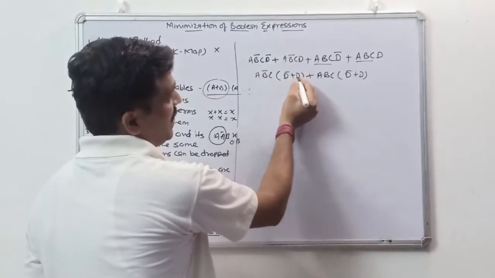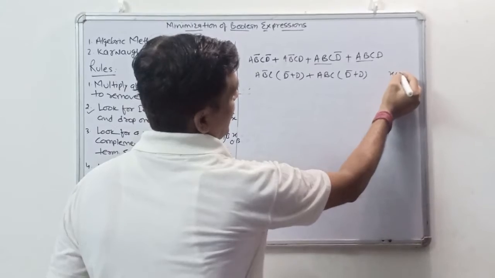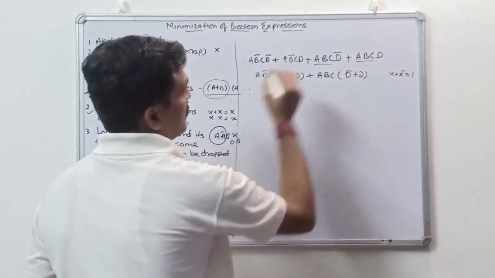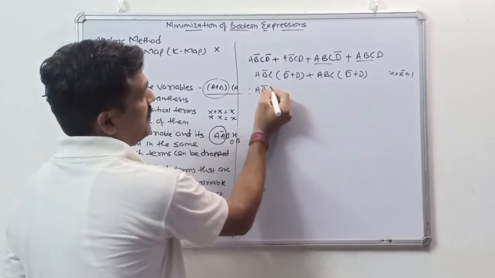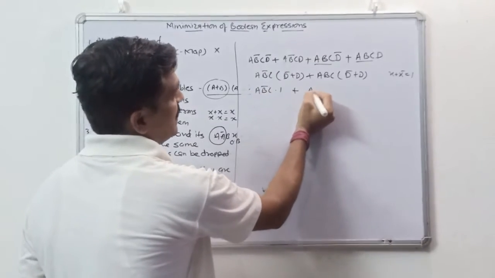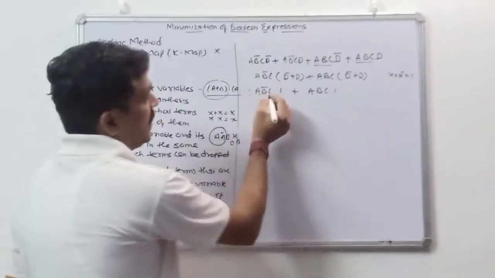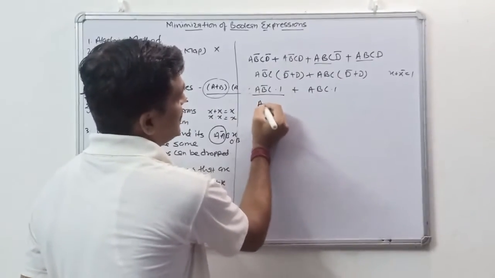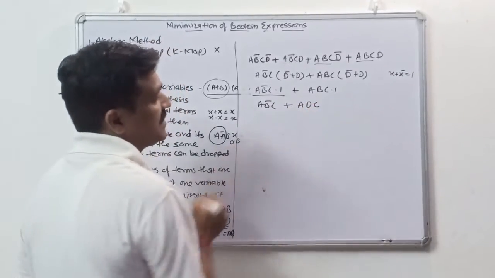So x plus x bar equals 1 is the rule, so d bar plus d equals 1. So a b bar c into 1 plus a b c into 1. x into 1 is x. So it is a b bar c plus a b c.